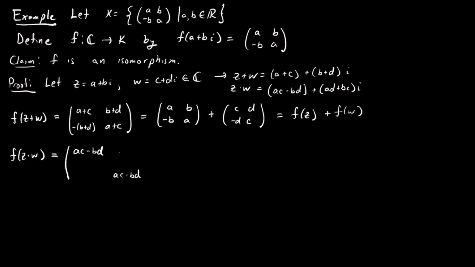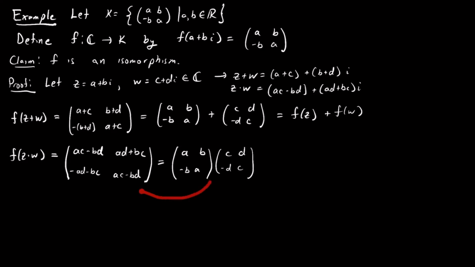So I'm going to put ad + bc here, and then -(ad + bc) here. Okay, so we have this matrix, and then I'm going to decompose this, and it turns out that this can actually be decomposed as [a, b; -b, a] times [c, d; -d, c], and we can check that this matrix multiplication works out, right?